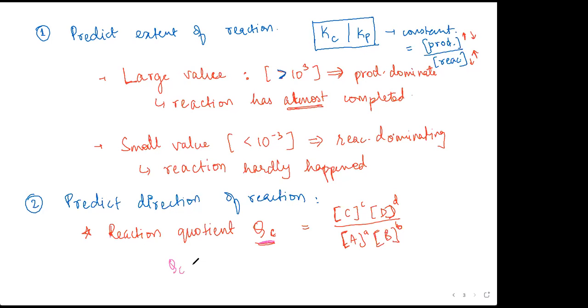So if QC happens to be equal to the Kc value for that particular reaction, it means that the reaction is in equilibrium. And if QC is greater than Kc, then what do you think will happen? In which direction will the reaction proceed?